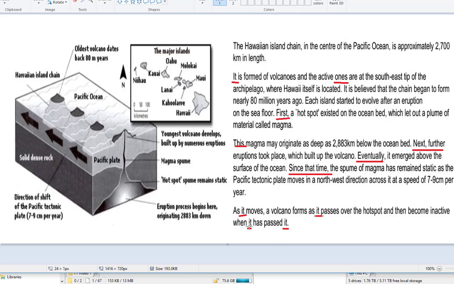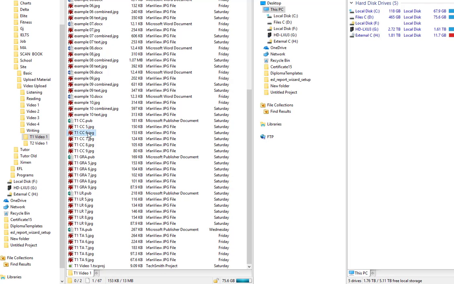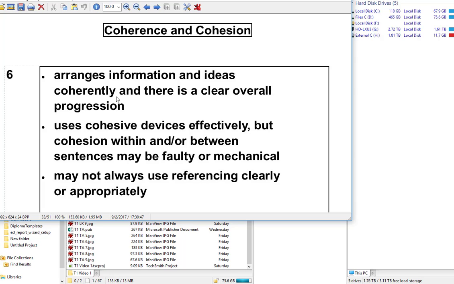Okay, so this could be a little bit confusing because we have references to the volcano and the hotspot, and they both refer to just the pronoun "it". A little bit confusing there. So referencing is not always very clear, but there is an overall progression. So probably 6 for coherence and cohesion.